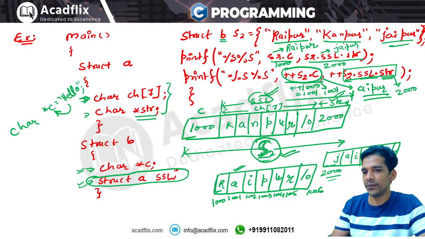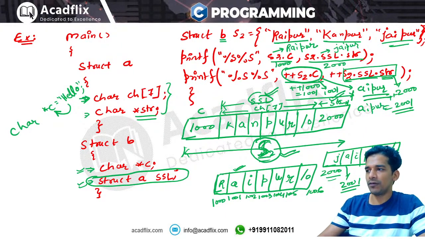Then plus 2000 means 2001. So you will go to the location 2001 and print the string from there, that is AIPUR. So this will also print AIPUR. That means the output will be Raipur, Jaipur, AIPUR and AIPUR, right?